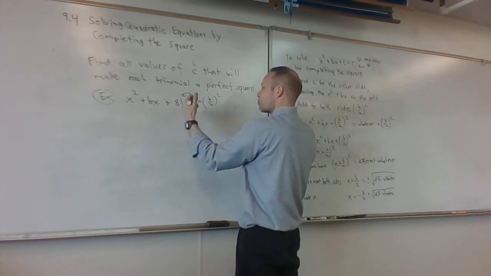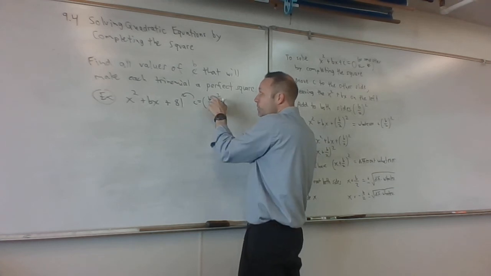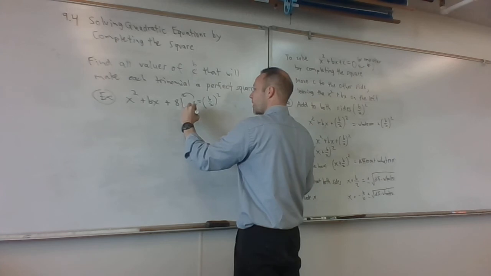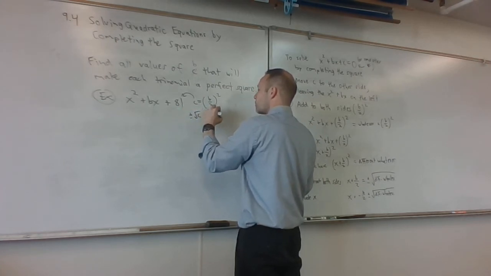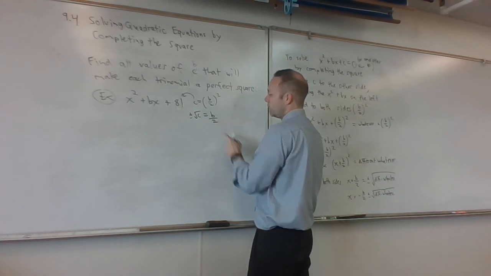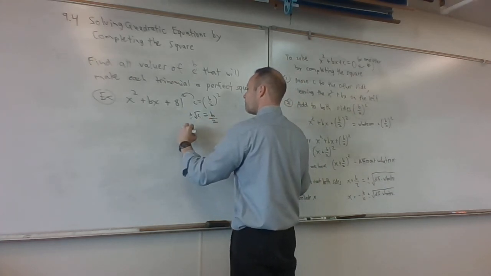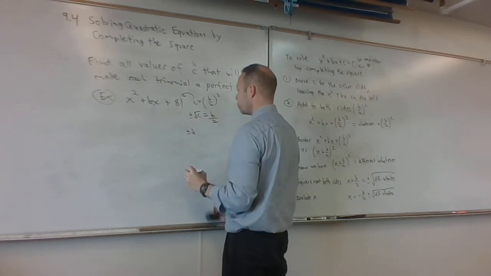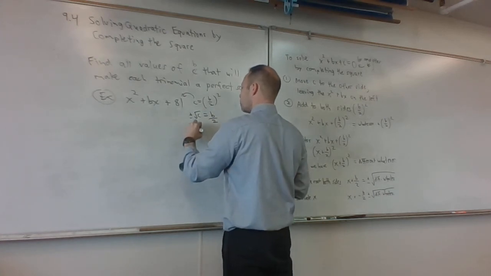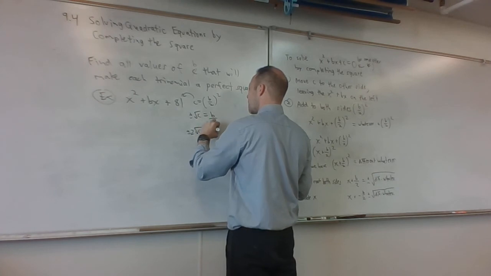B is our unknown here, so I'm taking the square root of both sides. So I say plus or minus the square root of C equals B over 2. I'm going to solve for B, so I multiply both sides by 2. So I get plus or minus 2 square root of C is what B is.